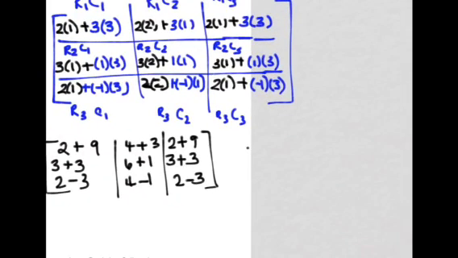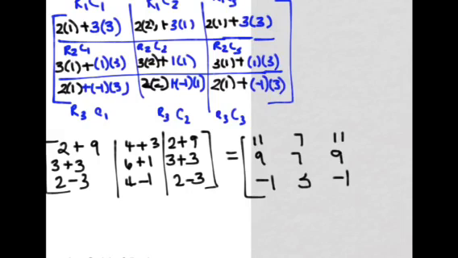And simplifying that further, it's 11, 7, 11, 9, 7, 9, -1, 3, -1.